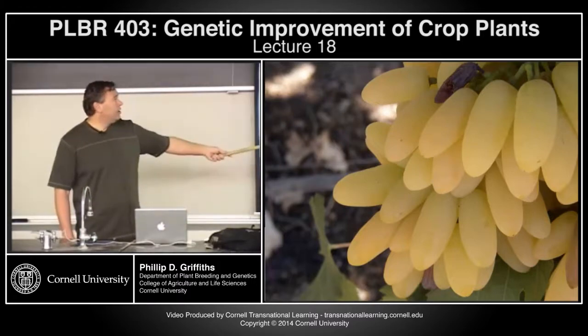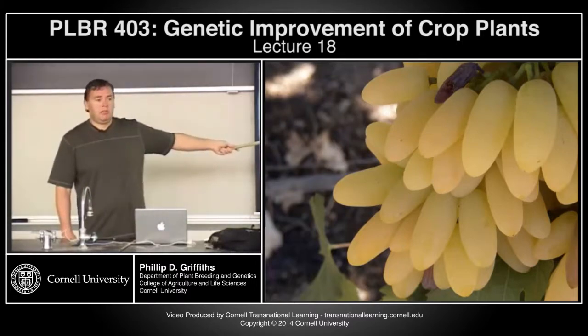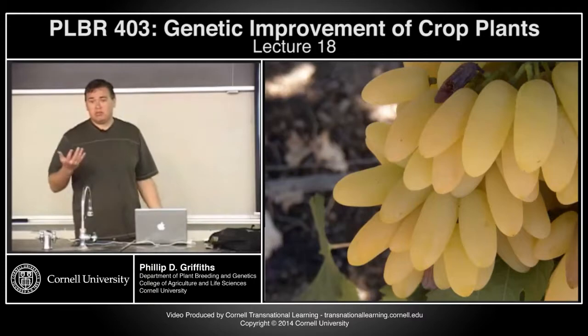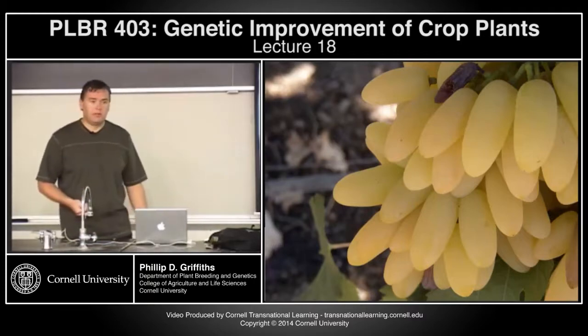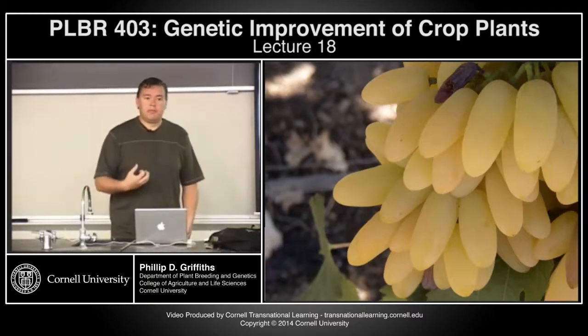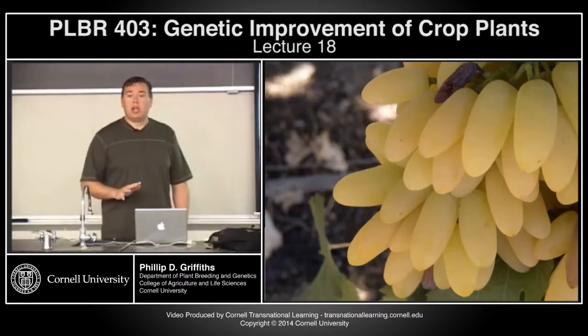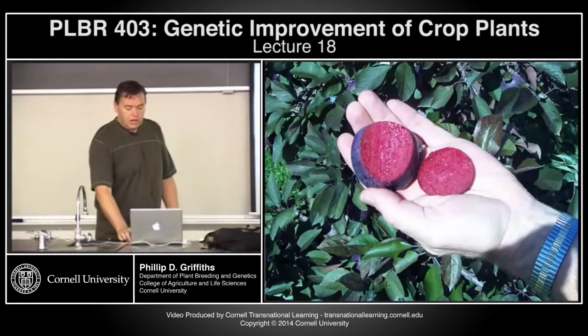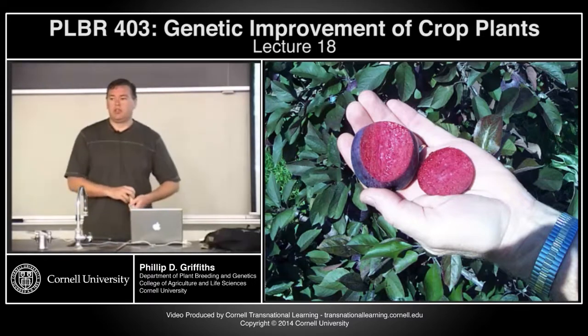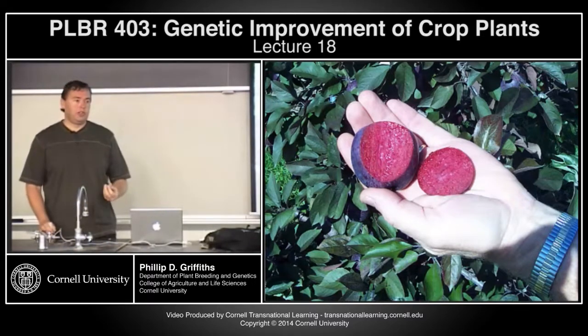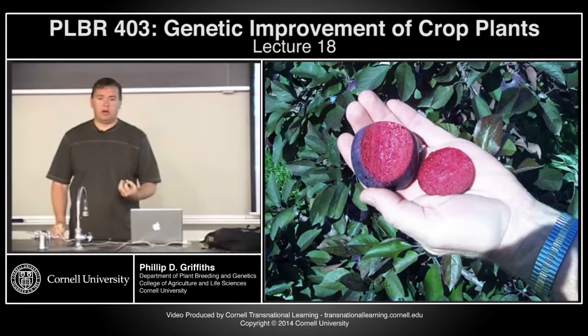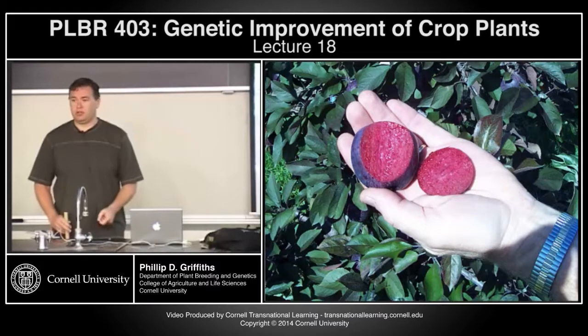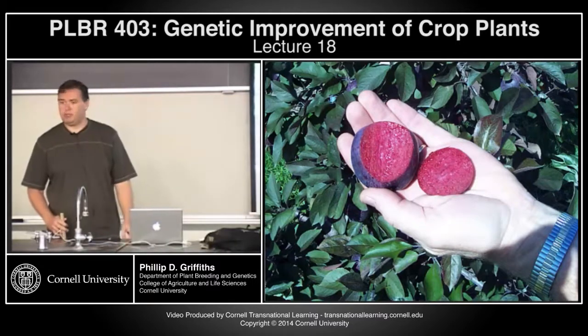This is a new grape type that's being developed in Geneva, which is an elongated finger type of shape to the grape, which are quite nice to eat as well. They have quite a good flavor. But a lot of these variations can be very well received by consumers. So it goes beyond just the producer aspects of yield and disease resistance. There's a lot of consumer quality traits that can be selected out of germplasm also.